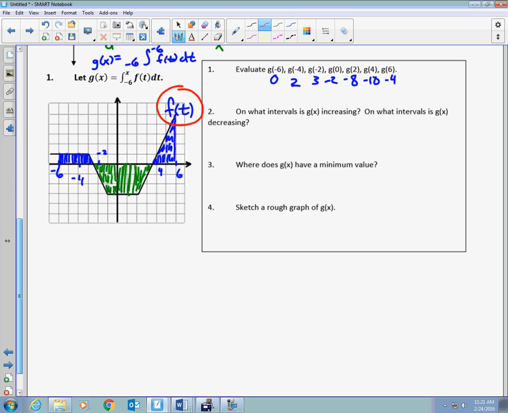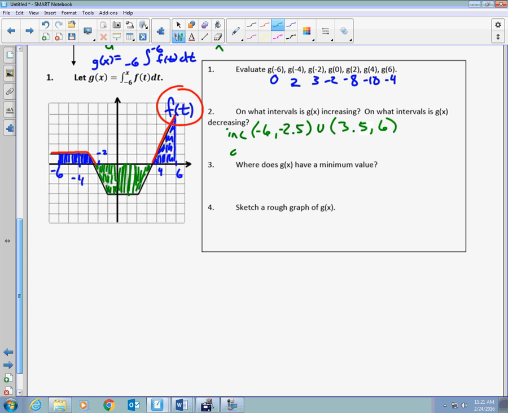This function is positive where it's above the x-axis. So would you agree that over those intervals, it would be increasing then? Very good. So, looks like I have from negative 6 to about negative 2.5 union with 3.5 to 6.